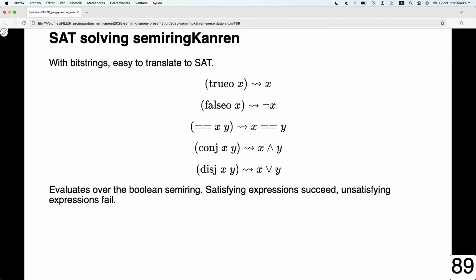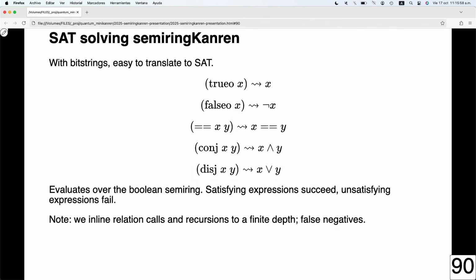So this evaluates it over the Boolean semiring, so it is more limited in that sense. But expressions that satisfy the Boolean semiring correspond to successes, and unsatisfying ones correspond to failures. Note, to do this, we do need to inline recursive calls to a finite depth. This does result in false negatives, but it should not result in any false positives.